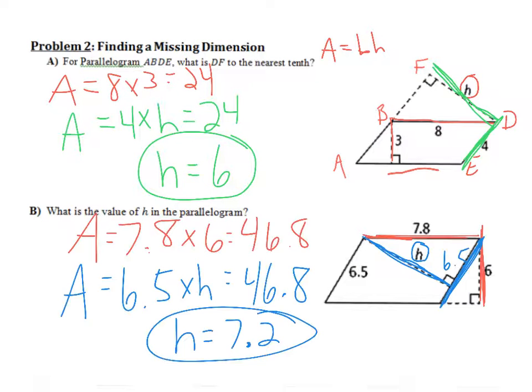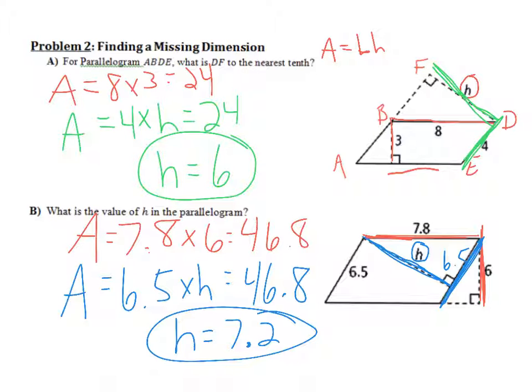Okay, as you can see here, I used my base of 7.8 and the height of 6, multiplied those two together to get an area of 46.8. Now any combination of base and height in this particular parallelogram will multiply together to get 46.8.